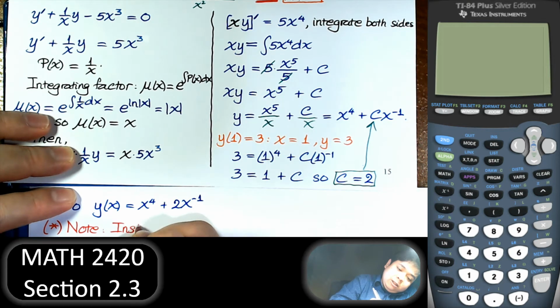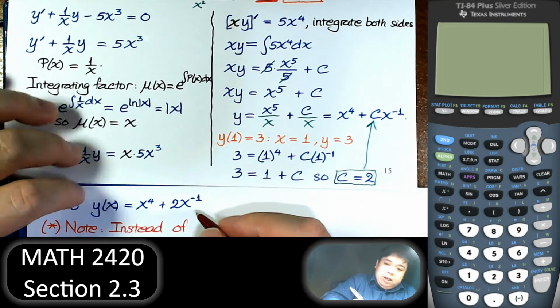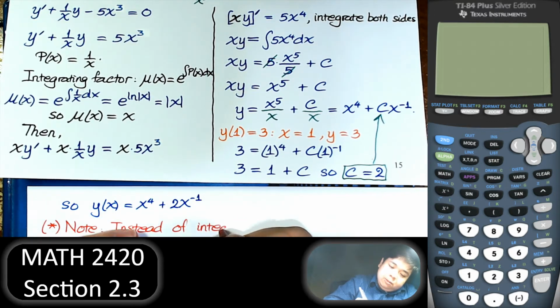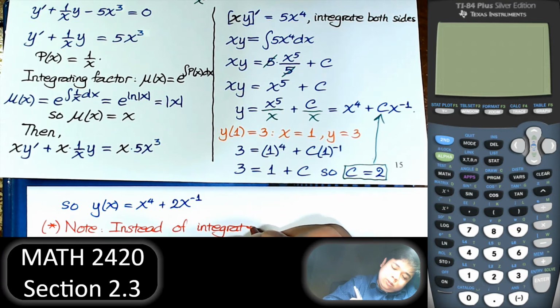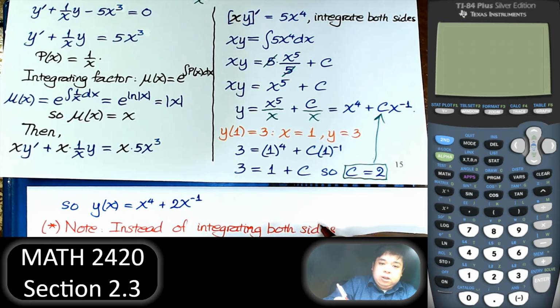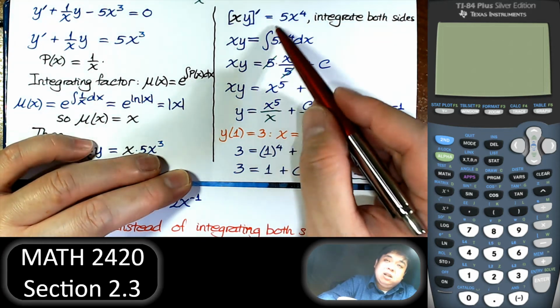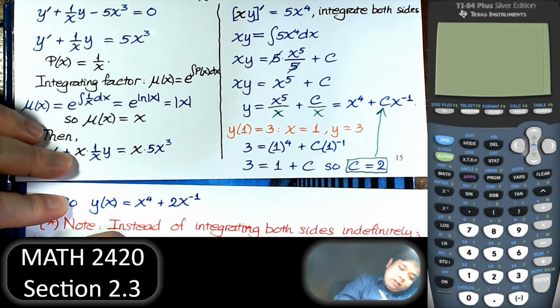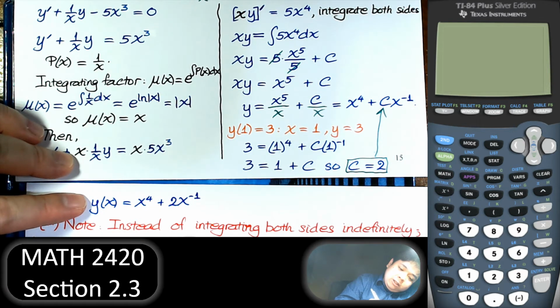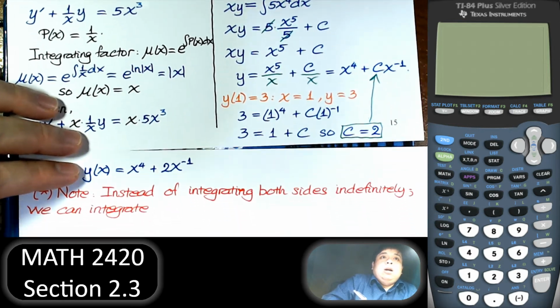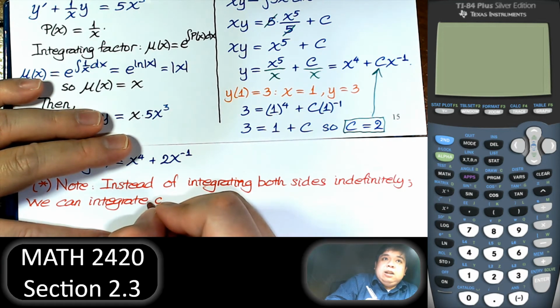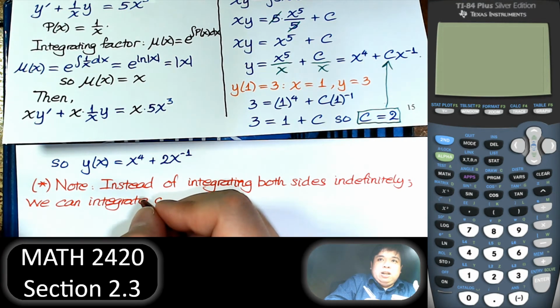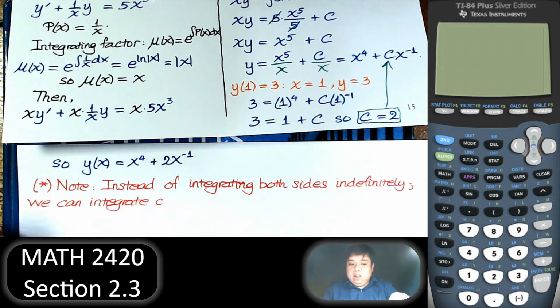So instead of integrating both sides indefinitely, meaning there's no limit in the integral, we can integrate definitely, or we can integrate with the limit, and the limits come from the initial condition.